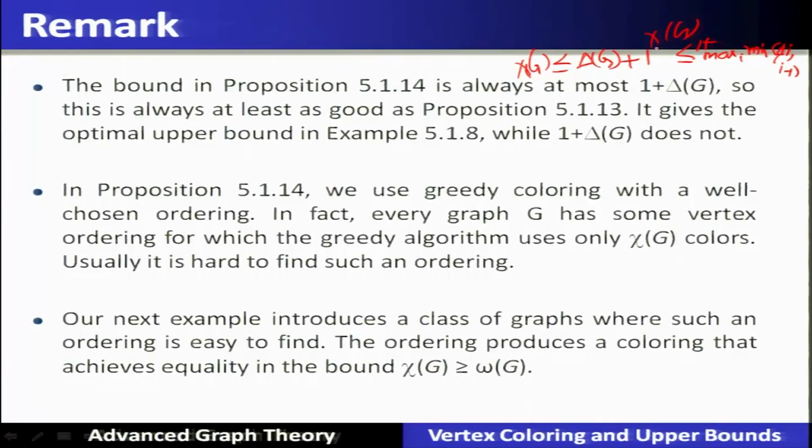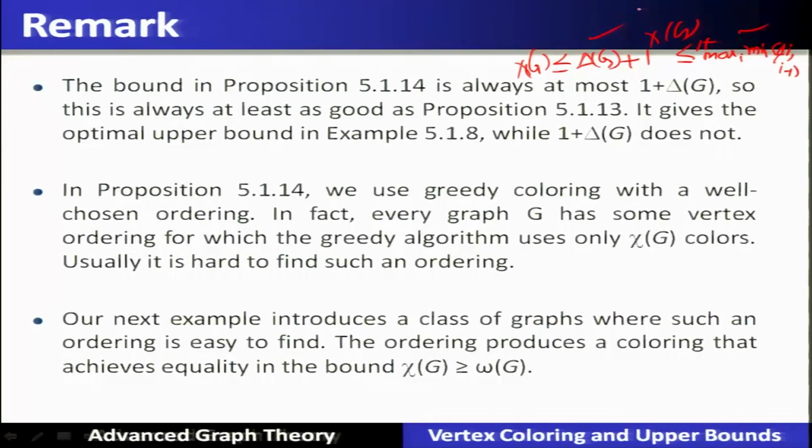So, this is always at least as good as the proposition which we have seen earlier. It gives an optimal upper bound for a particular example that we have seen, the union of an odd cycle and the complete graph, while 1 plus maximum degree does not give it.